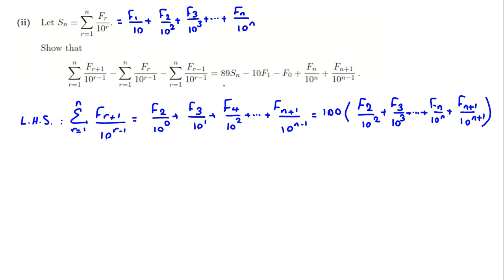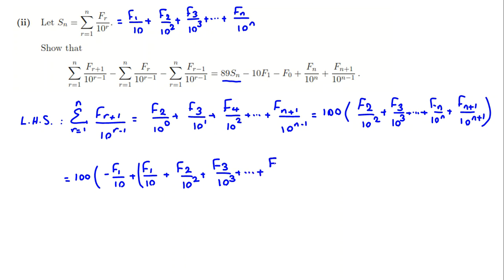Now for writing in terms of Sn, you need f1 over 10 and you should subtract this. So I write minus f1 over 10 plus f1 over 10, then it will be 0, it has no effect. That's the reason I can write equal to.